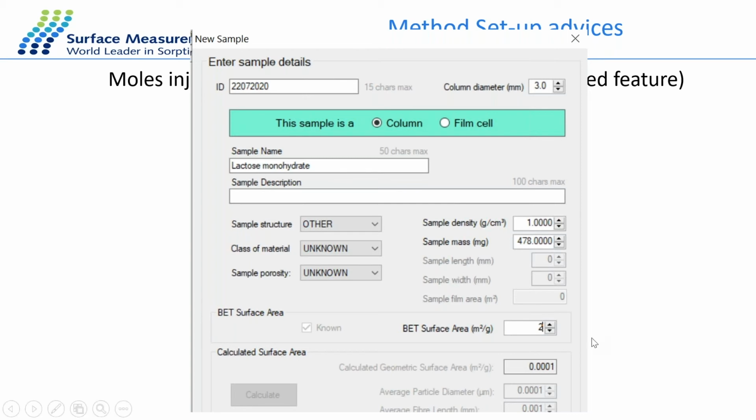As you see, the initial BET that I entered is overestimated because I definitely want to reach the monolayer coverage, so I want to oversaturate the surface with the probe. That's just a practical piece of advice. If you use the surface coverage injection, that's what you have to do to trick the system. But of course, if you use the moles injection, you don't need to do this.